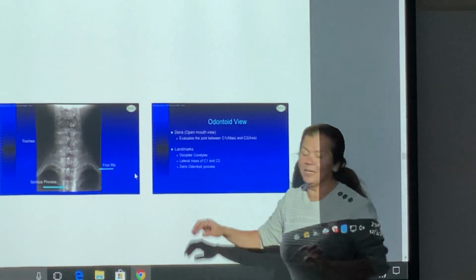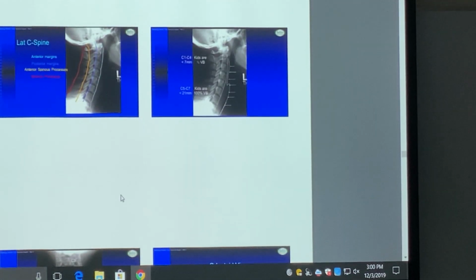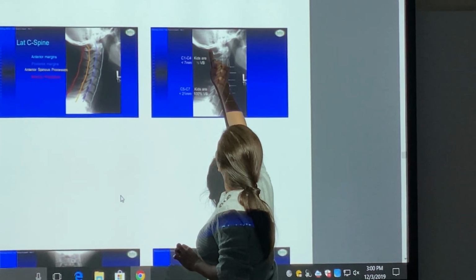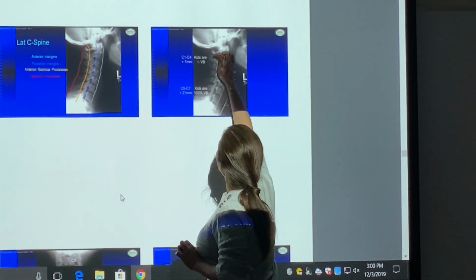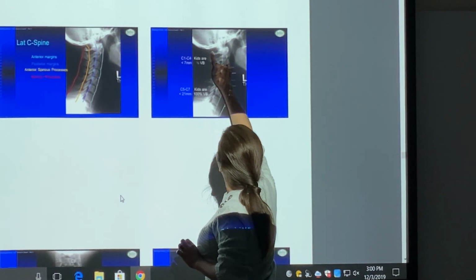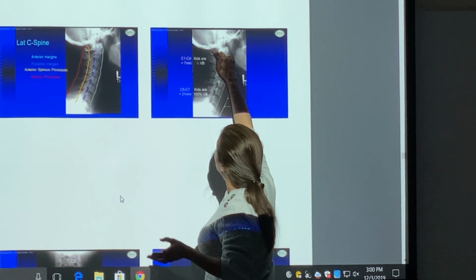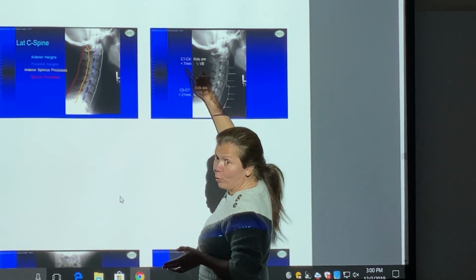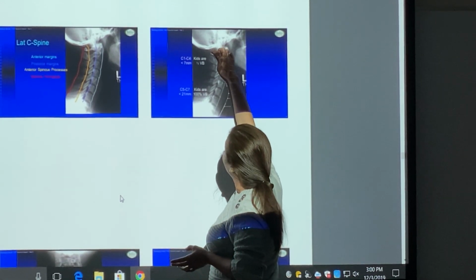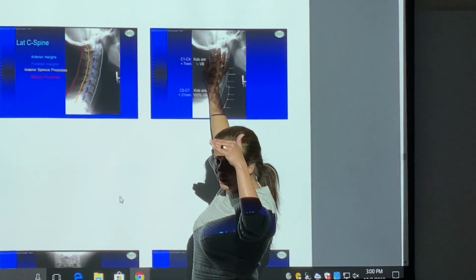So basically, when you look at the X-ray, the occipital condyles should be at this level. And between the occipital condyle and the atlas, children, for example, shouldn't have a separation of more than 7 millimeters. So the separation between the occipital condyle and the first vertebra should not be more than 7 millimeters.